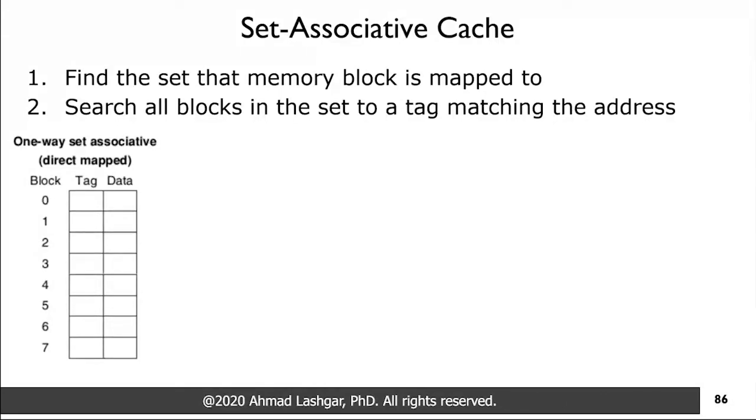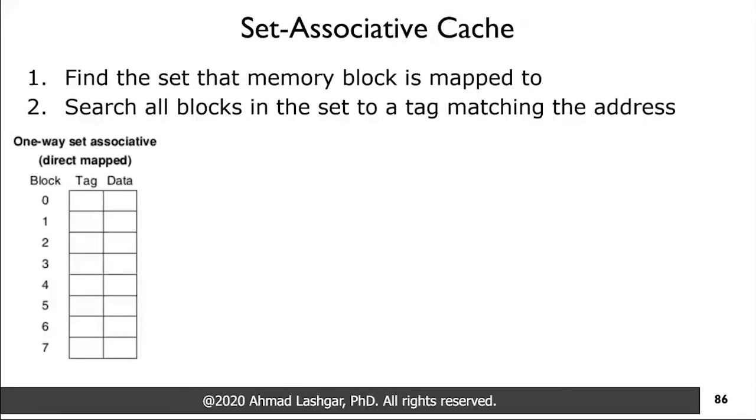First step, we find the set that memory block is mapped to. In the second step, we search all the blocks in the set for a tag matching the address. The number of blocks in the set is called ways. And for example, if there are 2 lines in the set, it is called two-way set associative cache.